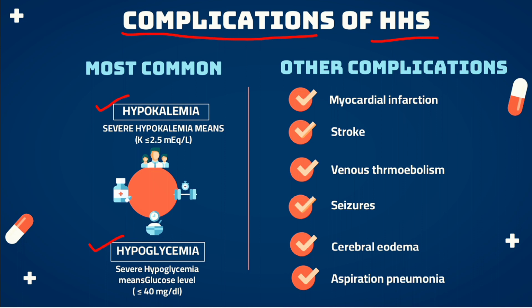Glucose level can go below 40 milligram per deciliter. Apart from these most common complications, there are some other complications which can also develop, like myocardial infarction, stroke, venous thromboembolism, the patient can develop seizures, cerebral edema, and there is also the possibility to develop aspiration pneumonia.